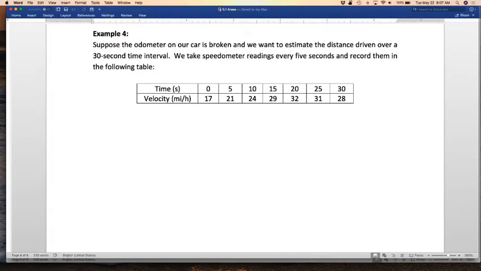Now we could convert the time to hours in just a couple steps and it'd be pretty easy, but we'd be dealing with some really small numbers and end up with kind of ugly approximations. The better option, I think, is to convert the velocity. Now, instead of converting from miles per hour to miles per second, which would give us, again, really, really small numbers, I think the most appropriate thing to do is to convert to feet per second.